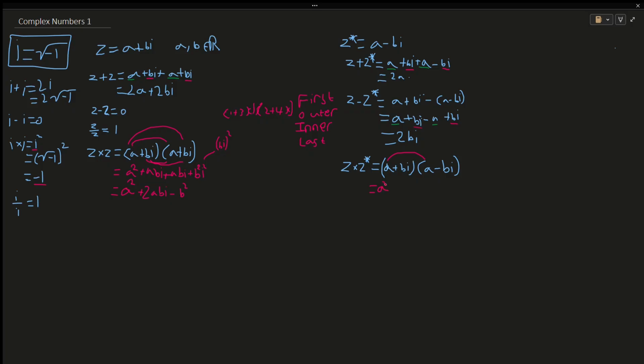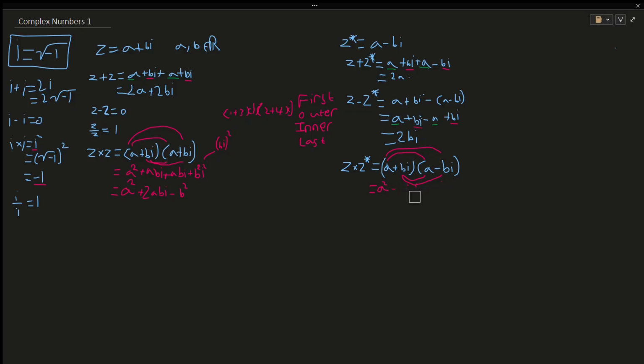A squared, and a times minus bi gives us minus abi, and the inner ones, so that's positive abi, and the last one, bi times minus bi.